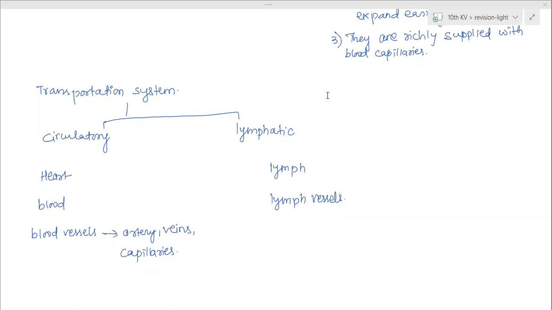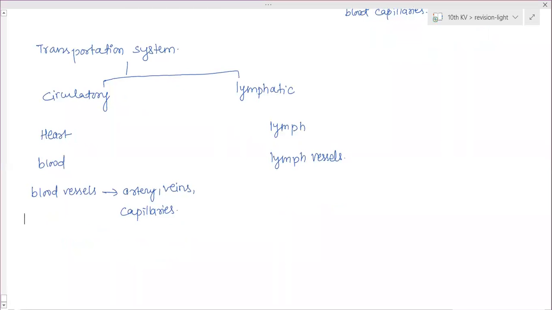Okay, so write on this flow chart the difference between arteries and veins first. At least 4 to 5 points you should know.